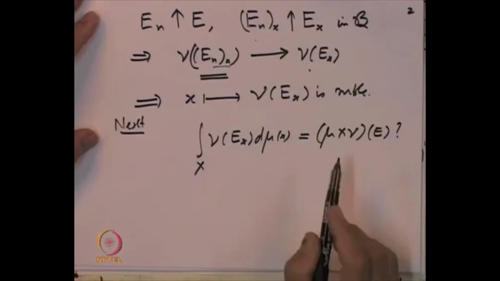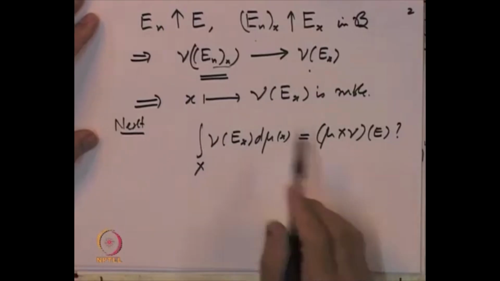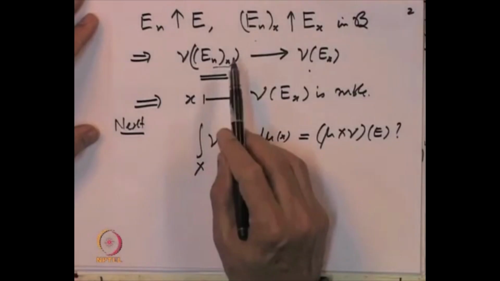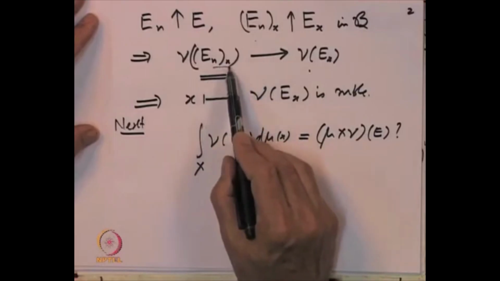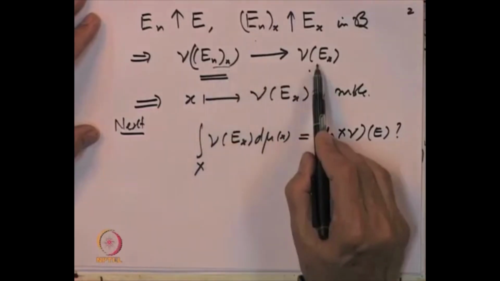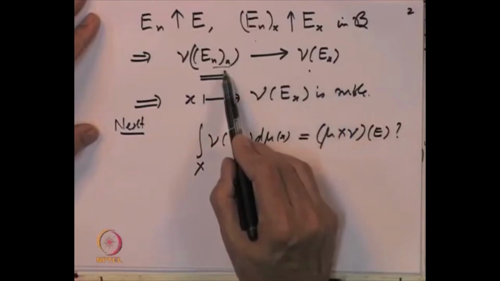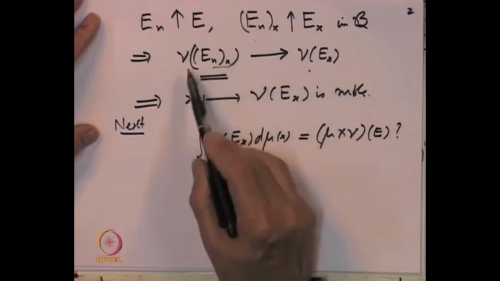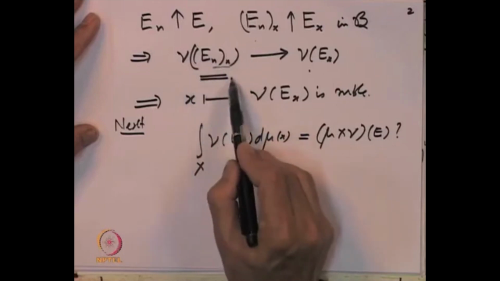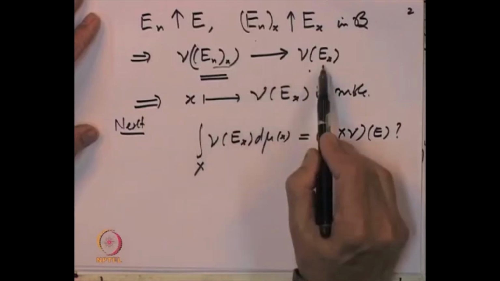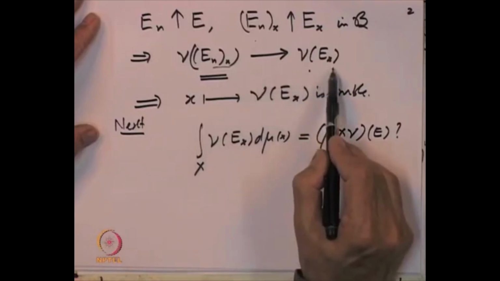So, now once again let us go back to the earlier fact that we saw that nu of E n x, the sections, these measurable functions, these are actually non-negative measurable functions, and they are converging to the function nu of E x, and that is an increasing sequence of measurable functions. So, this is nu of E n x, an increasing sequence of non-negative measurable functions converging to a measurable function nu of E x.